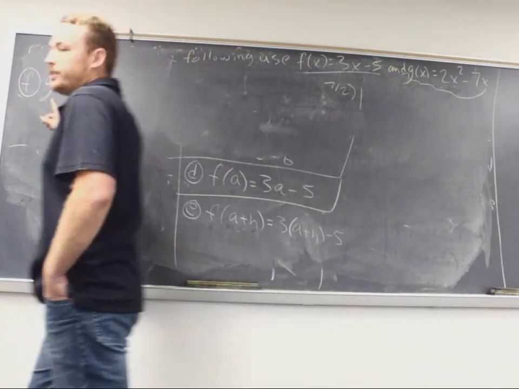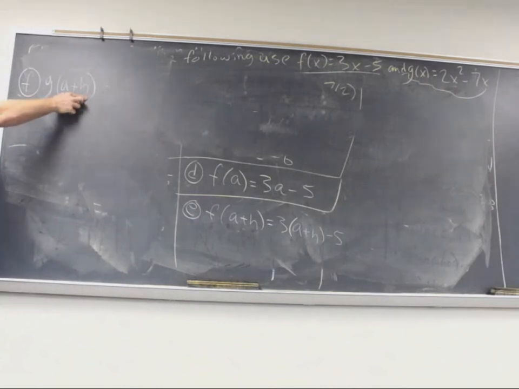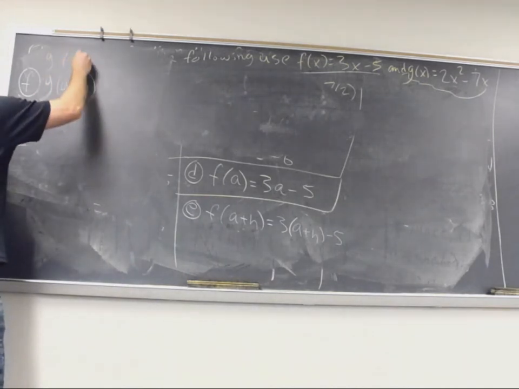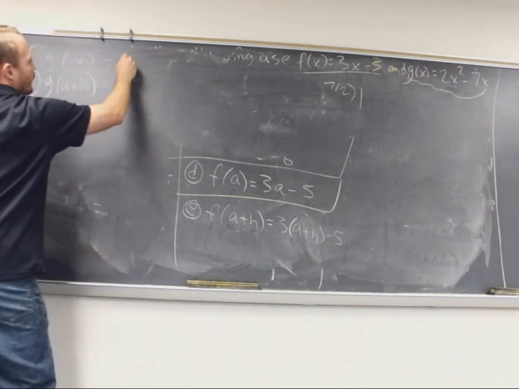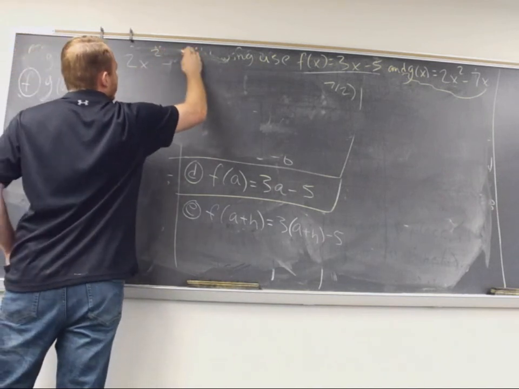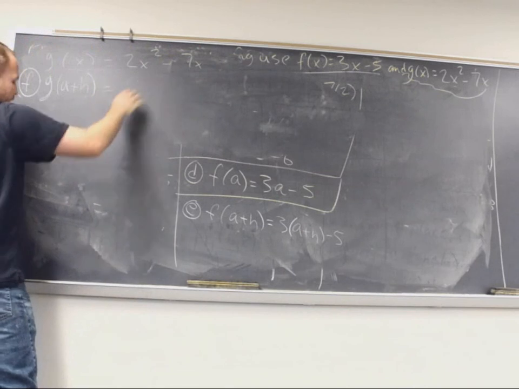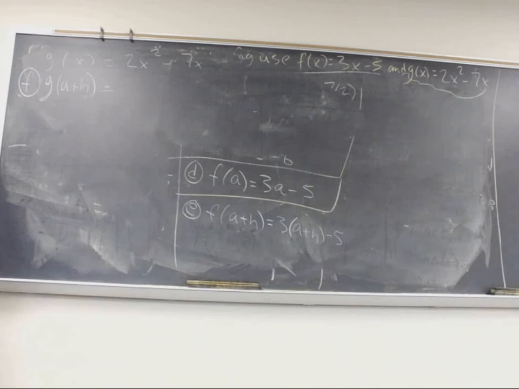So it's telling me to use the g function and to plug in a plus h for my x values. So I get, if I wanted to write it above it, I get this. And that's equal to 2x squared minus 7x. If you want to write it above what you're doing, so that way you know where to plug in the x's, do that until you get the hang of it.